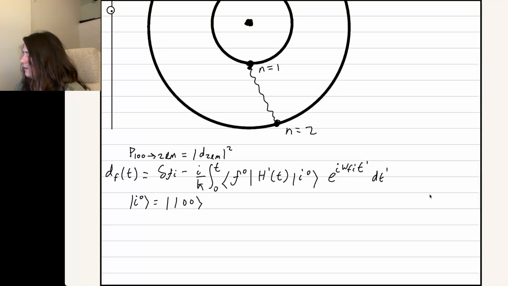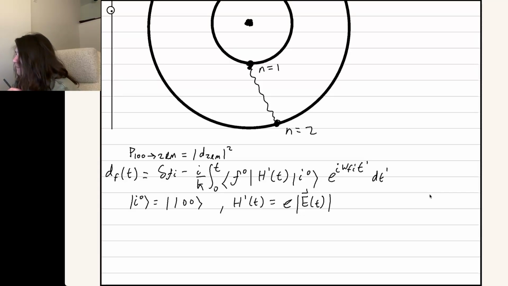We can find that the perturbed Hamiltonian is just the electron charge times the magnitude of the electric field. And since we are given that it's in the z hat direction, it will have a linear dependence on z. So there's that.